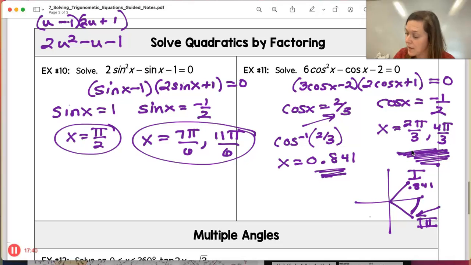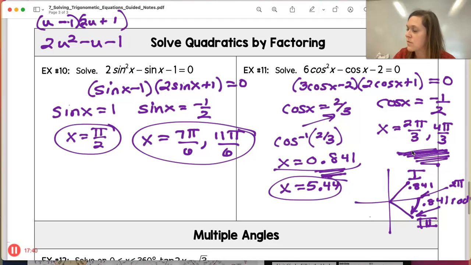This has to go down 0.841 radians. My goodness, what was I thinking? So here we're at 2 pi radians. So can I take 2 pi radians and subtract the 0.841? Yeah, that's what I want to do. Don't do that silliness that I was just talking about. So that gets us to about 5.44 would be my two solutions over there.